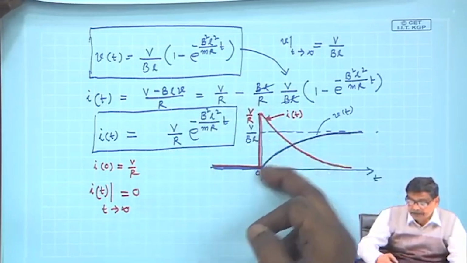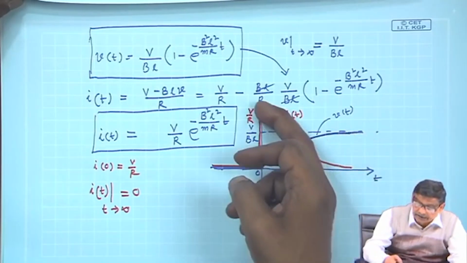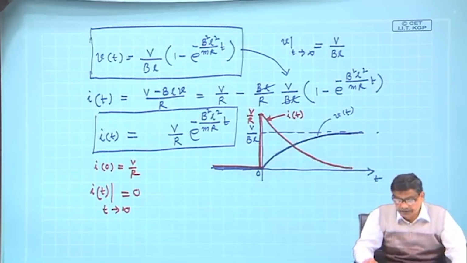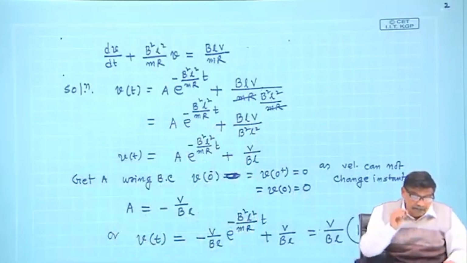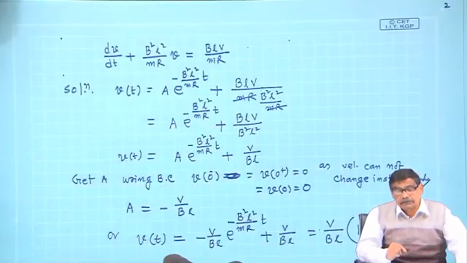Velocity will increase exponentially and current will decrease exponentially. So, I will continue with this, but try to understand every bit of this lecture. Thank you.